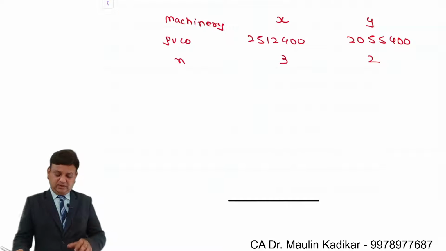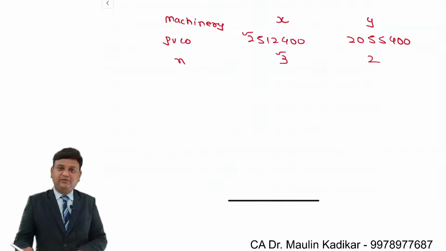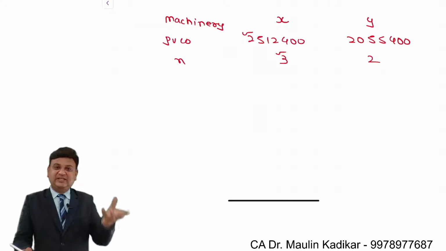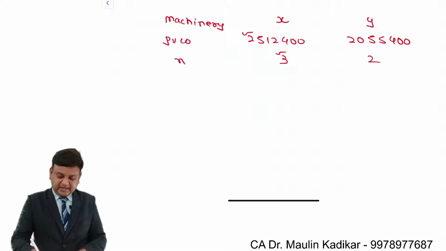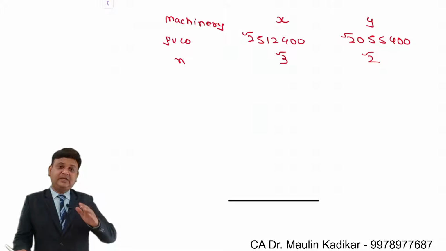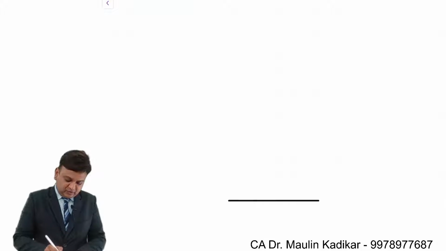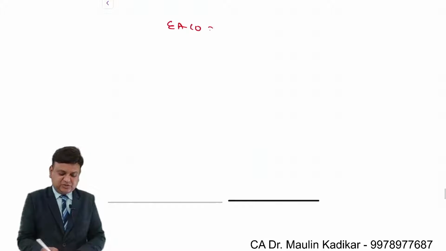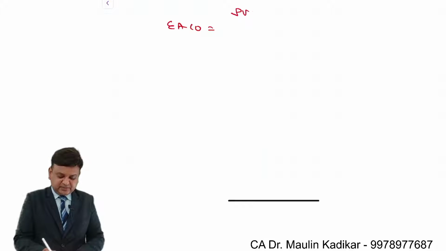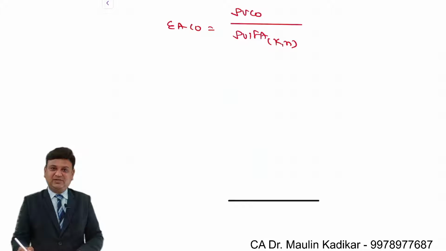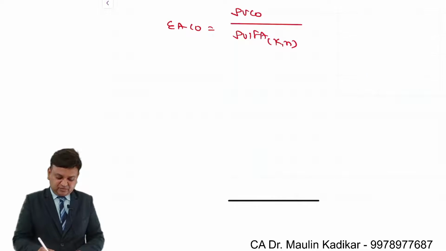So this is the expense for using the machinery for 3 years, and this is the present value of the cash outflow for using it for 2 years. Then we will compute the annualized cash outflow, and based on that we can take a decision. So we can calculate the equalized annual cash outflow. It will be calculated as present value cash outflow divided by PVIFA at K cost of capital for n number of years.